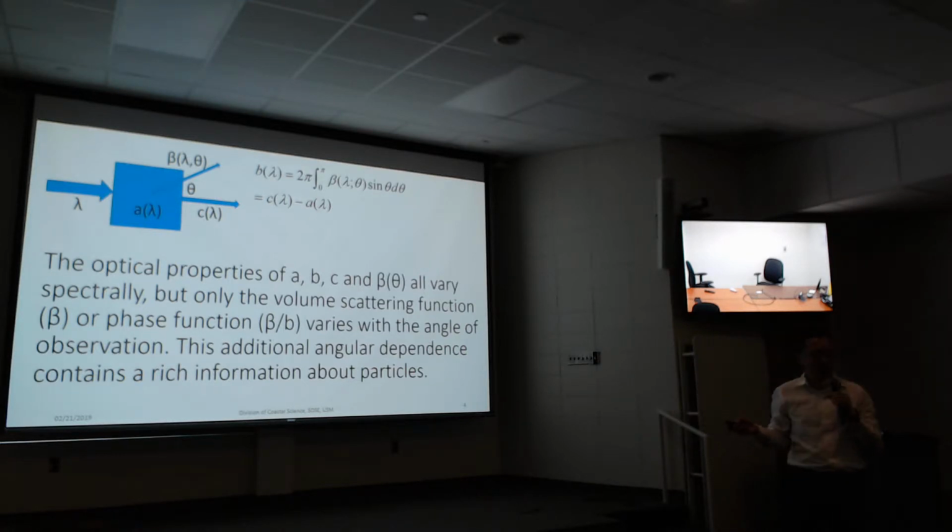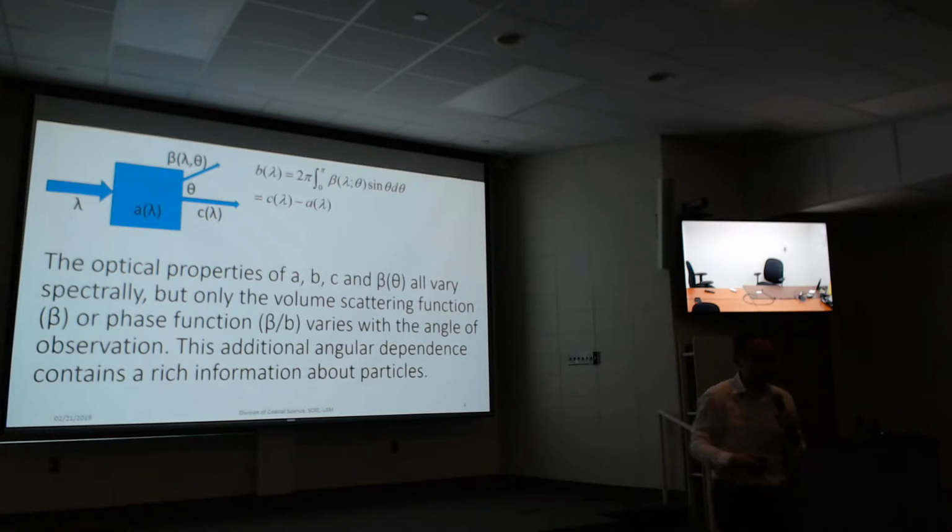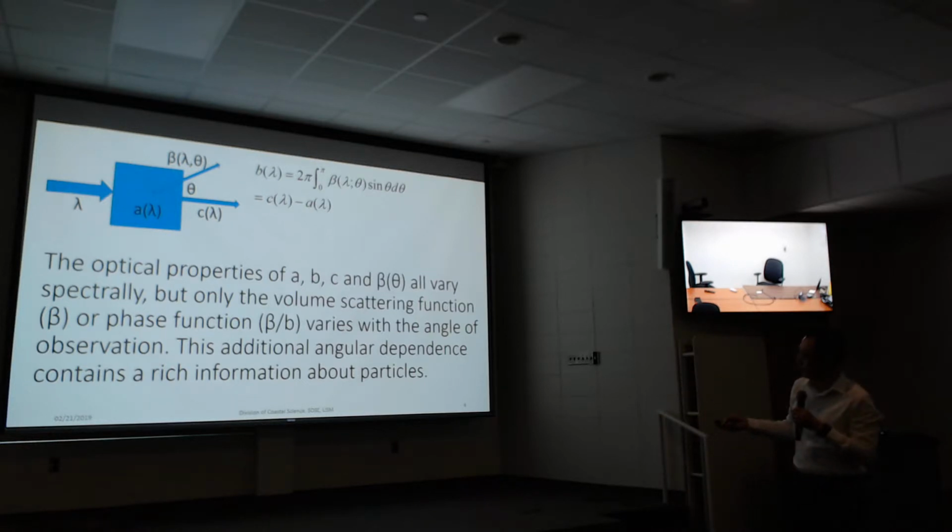The optical properties all vary spectrally with wavelength. However, only one, the volume scattering function beta, or we normalize it with the phase function, only this property varies with the angle at which you look. Only this one varies with the angle of observation.